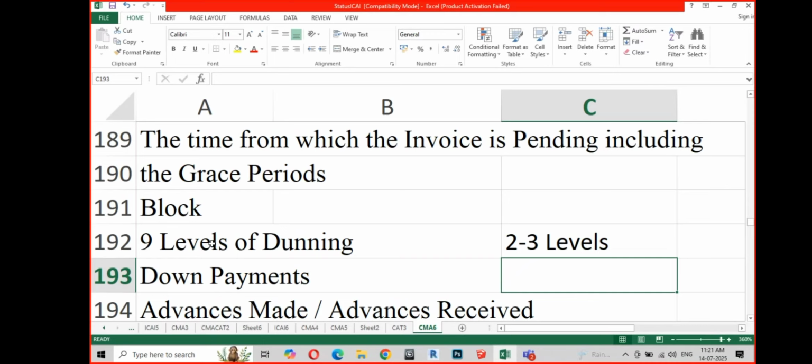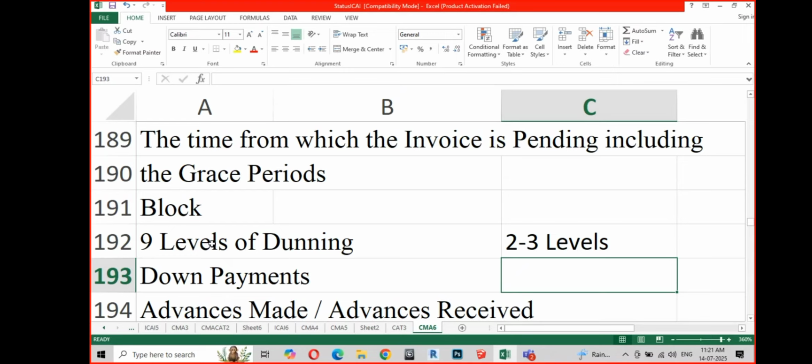Just imagine the seriousness. If I remind the customer more than twice or even thrice, the matter immediately reaches the court, and they will have to settle in the court itself. Such is the seriousness of the third level of dunning.